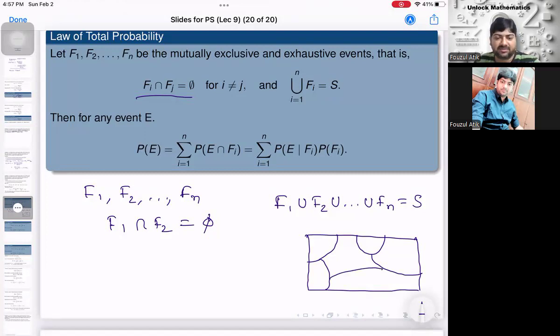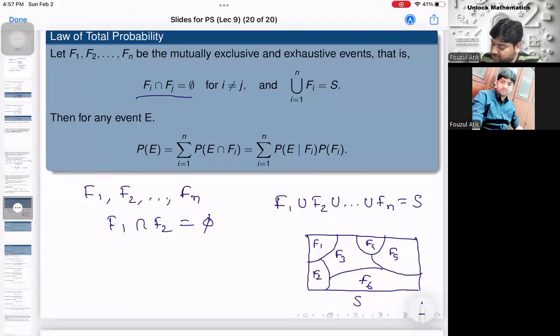So this is F1, F2, F3, F4, F5, F6, which you can see that none of them have any common outcomes, and all of their union gives you the whole sample space S. So these events F1, F2 up to F6 are mutually exclusive and exhaustive events.